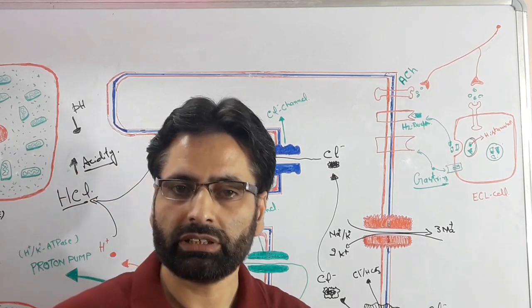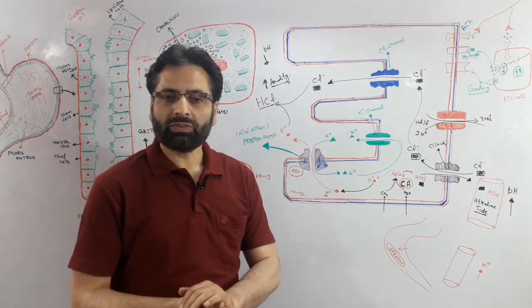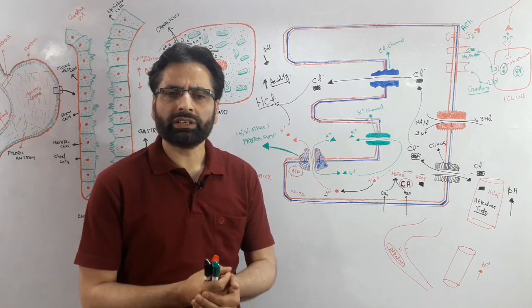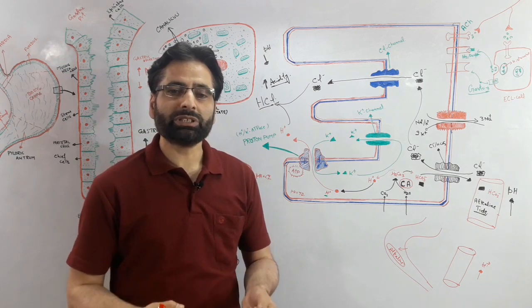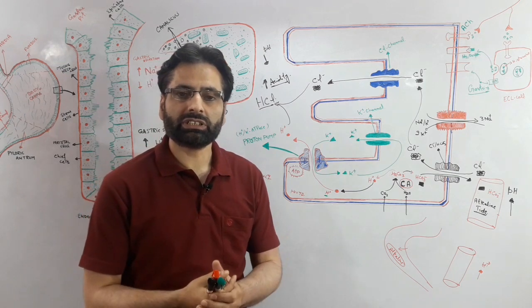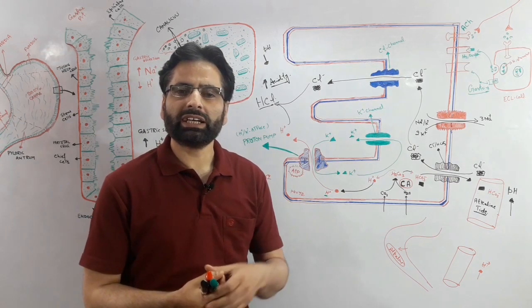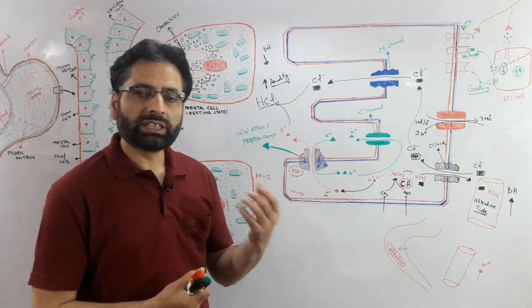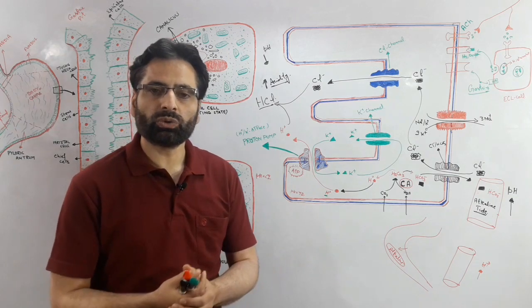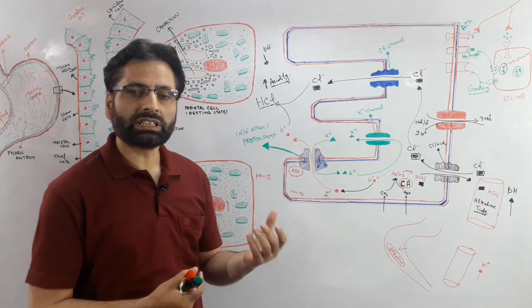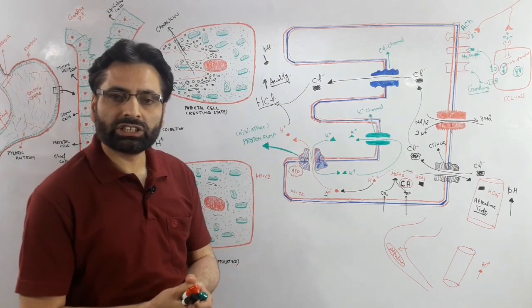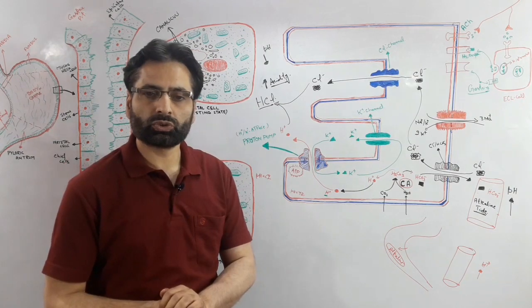Usually the release of hydrochloric acid is well regulated and balanced, but under some specific conditions the parietal cells show hyperactivity, leading to increased secretion of hydrochloric acid and increased acidity of the stomach lumen.